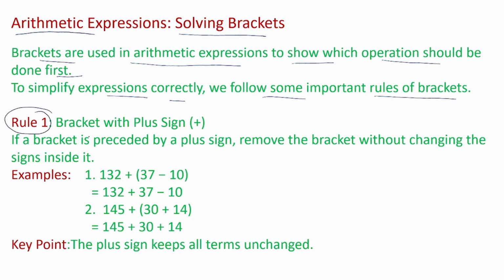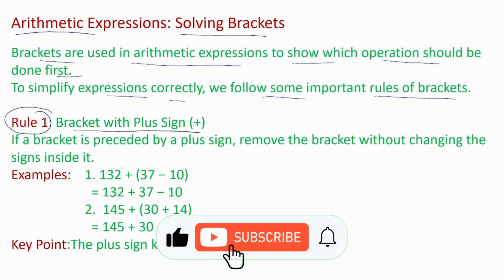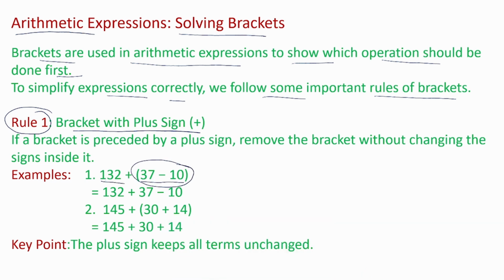Rule number 1. Brackets with plus sign. If there is a plus sign before a bracket, then we simply remove the bracket and all the signs inside remain unchanged. See, 132 + (37 - 10) becomes 132 + 37 - 10.